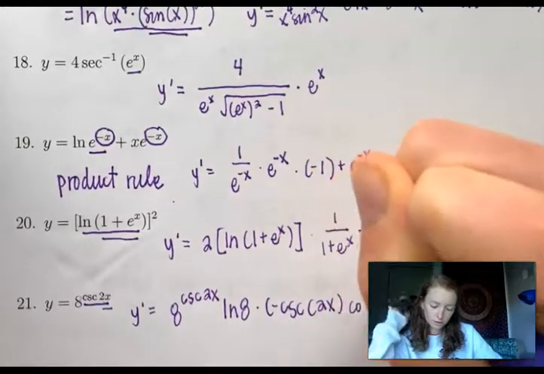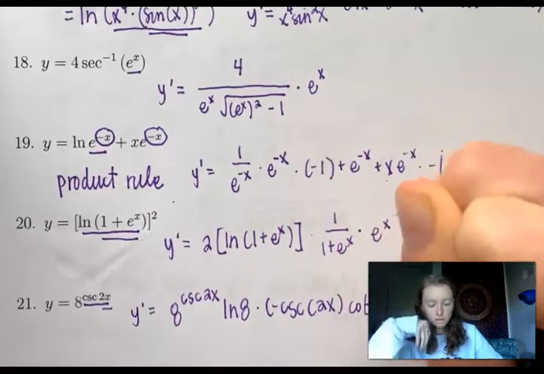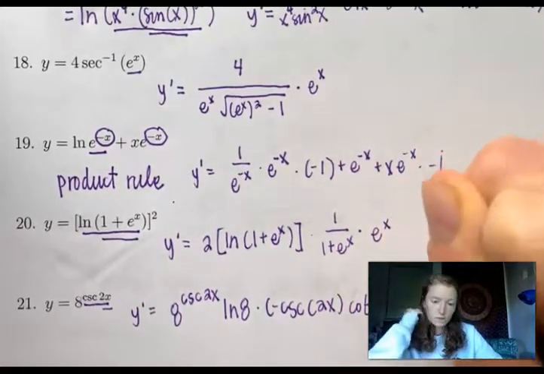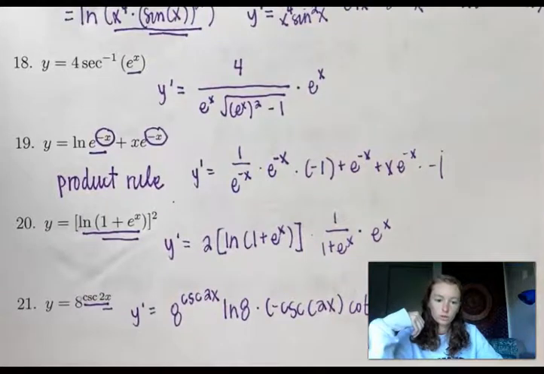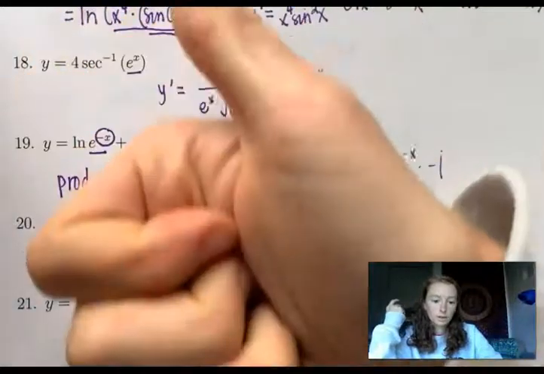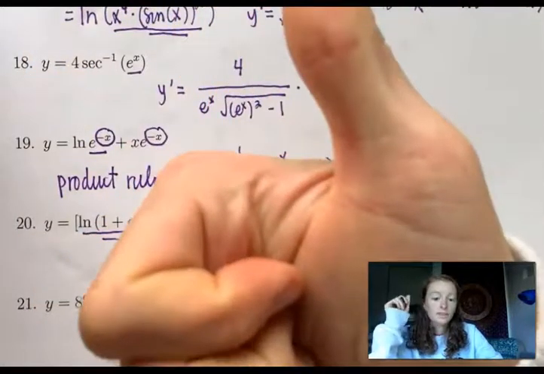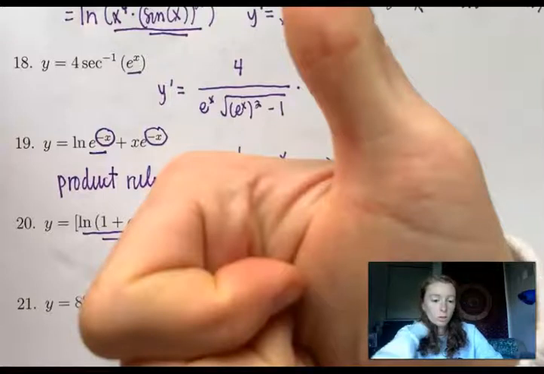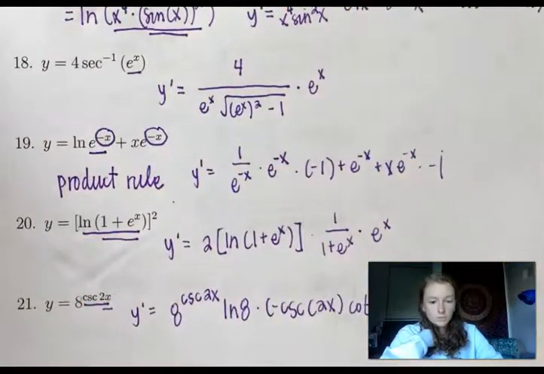And then just don't forget the derivative of CSC is negative CSC times cotan. So remember your trig function derivatives. And don't forget that the 2x goes in both slots, but then at the end, only multiply by one 2, not two 2's, because you're only taking the derivative of one 2x. Okay, good job, guys.